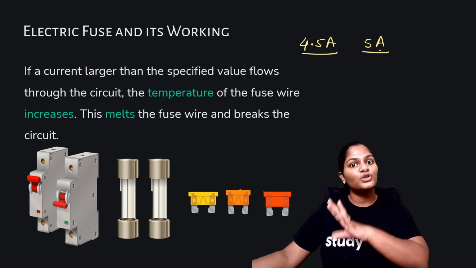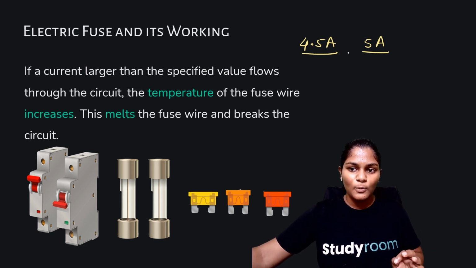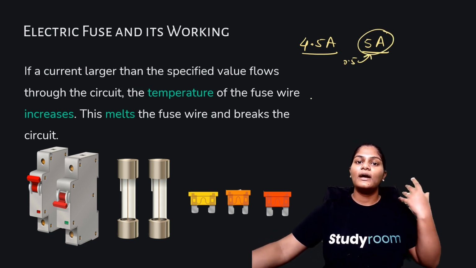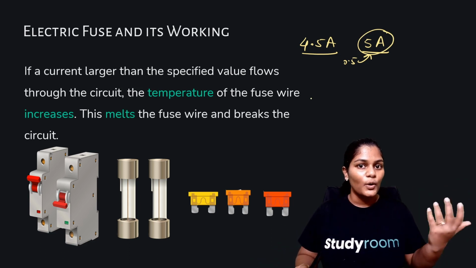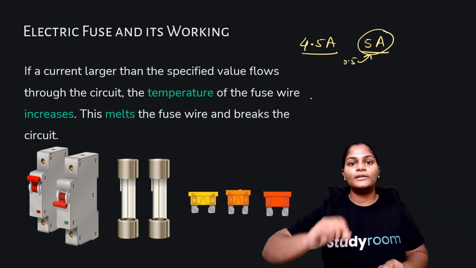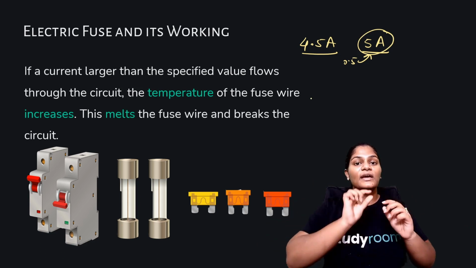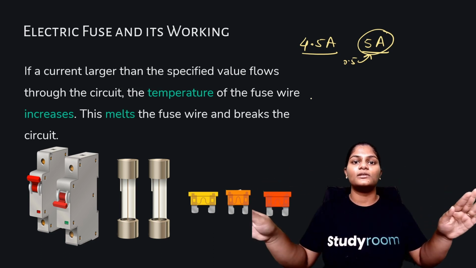But a 1, 2, 3 ampere increase is going to damage my device. So I take this small 0.5 margin and take a 5 ampere fuse which I connect in series with my appliance, which was my electric heater or iron or whatever I want. So if a current more than the value the fuse can take comes into the fuse, it breaks the circuit.